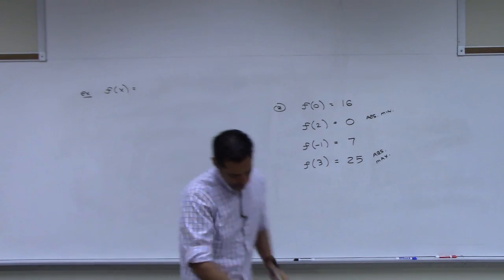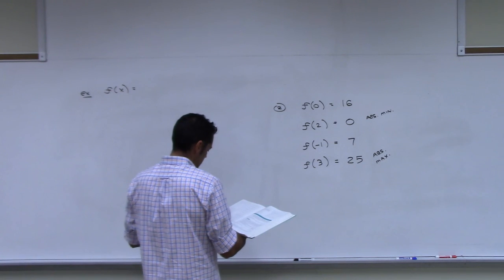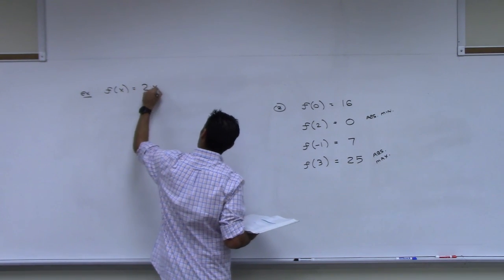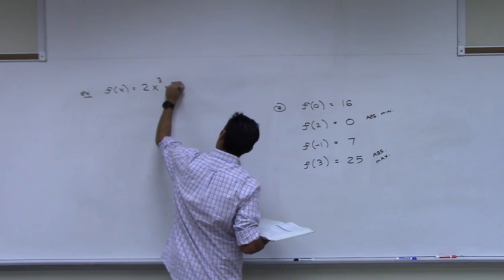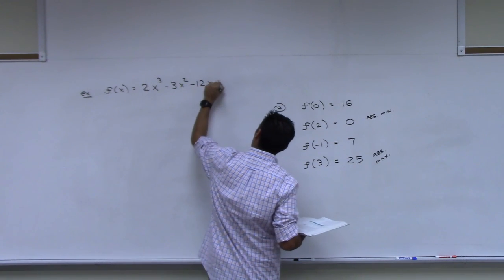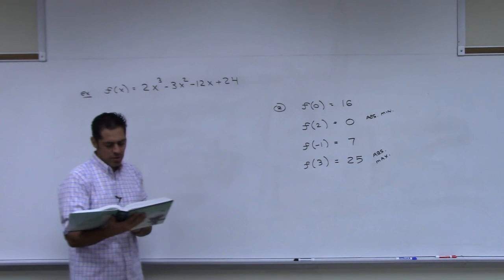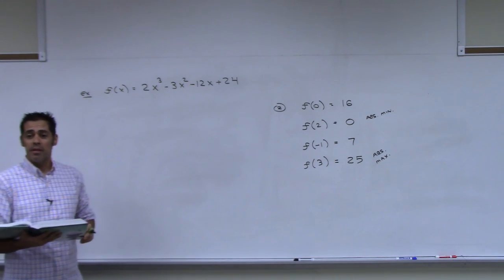Okay, so how about we try and kill a little bit of your homework here. How about you take, this is a homework problem, 2x cubed minus 3x squared minus 12x plus 24. And for your homework, they ask you to actually find the absolute maximum and minimum on 3 separate intervals.